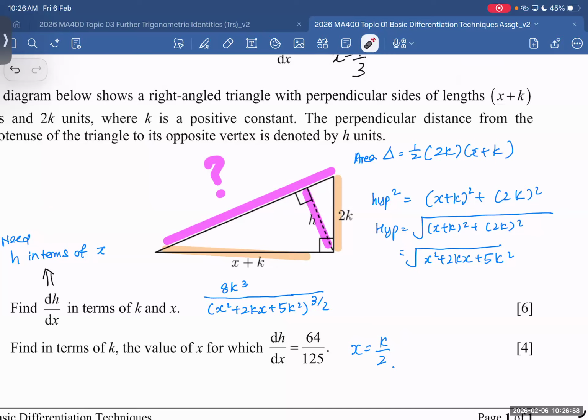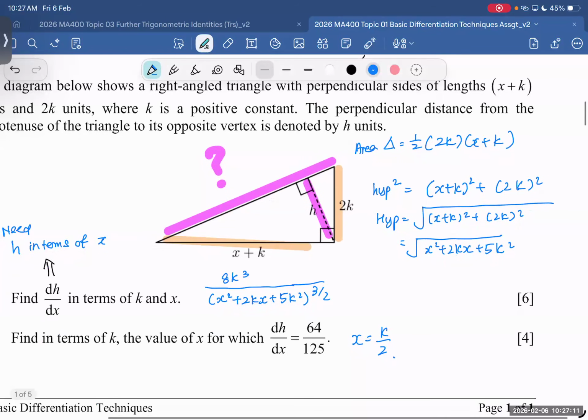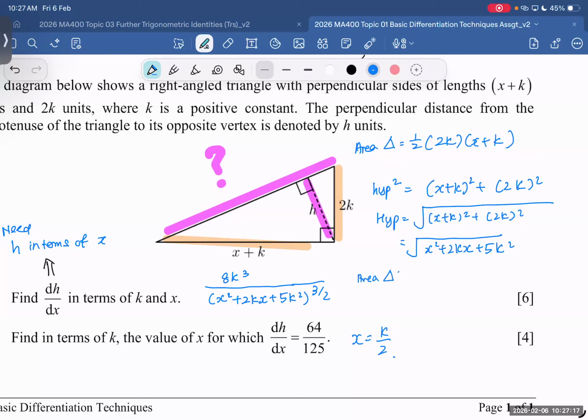Don't worry about the letters. You just focus on your x. All the x's are what you work with; the rest are just constants. With the hypotenuse, the area of the triangle can now be rewritten as half times height times hypotenuse.